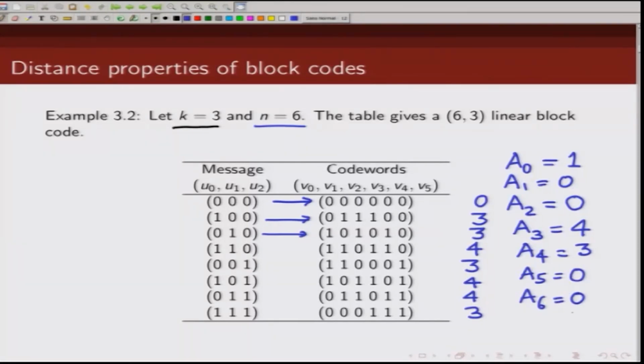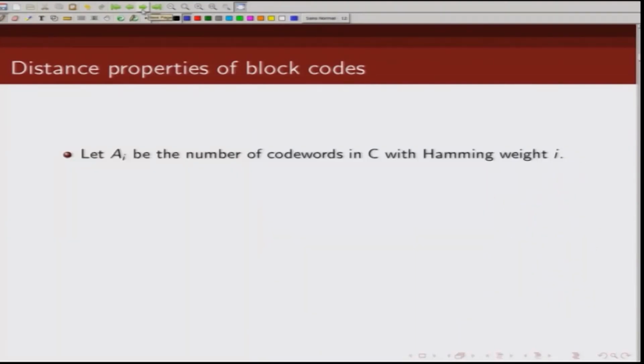You can do a quick check: the number of code words should add up to the number of code words that we have, which is 8: 1 plus 4 plus 3. So, we are denoting by A_i the number of code words in this linear block code with Hamming weight i.